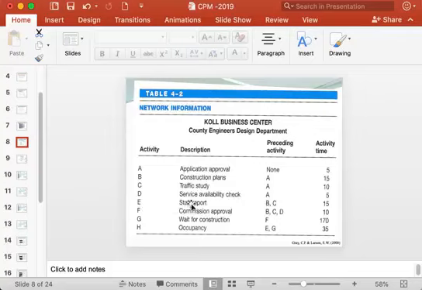Then activity E can start after B and C are completed. Okay, since in this information it is showing that activity E is preceded by B and C. That means activity E can start after B and C are completed.